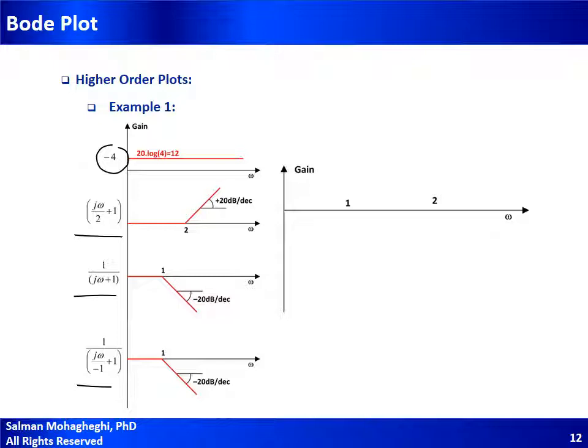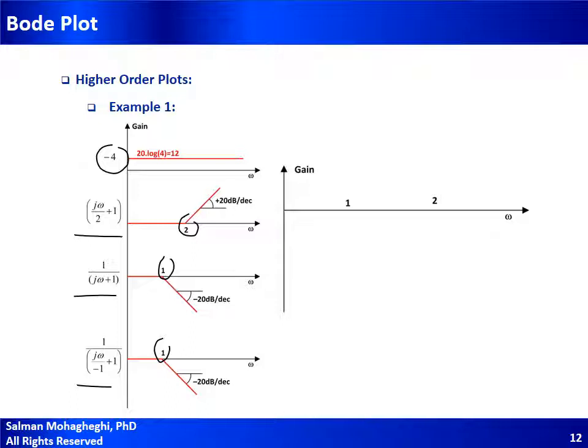In order to do this, I have to pay close attention to the breakpoints. What are the breakpoints? These are the points at which something exciting happens, a line with a positive slope or negative slope. In this particular situation, I have two breakpoints. One is the point 1, or essentially a frequency of 1 radian per second, and the other one is going to be the frequency of 2 radians per second, essentially this guy and these two guys.